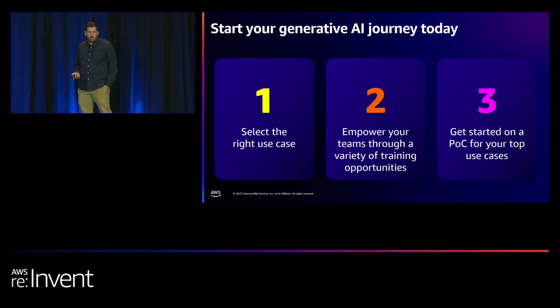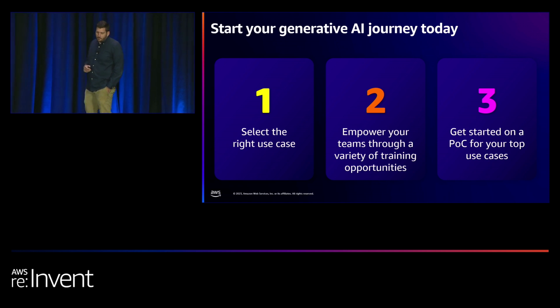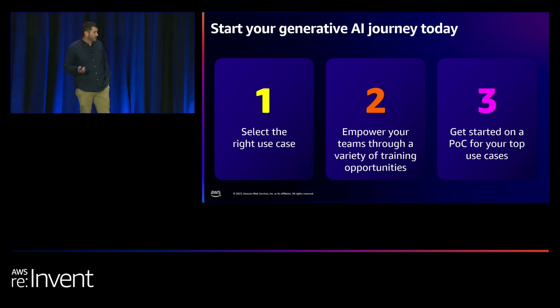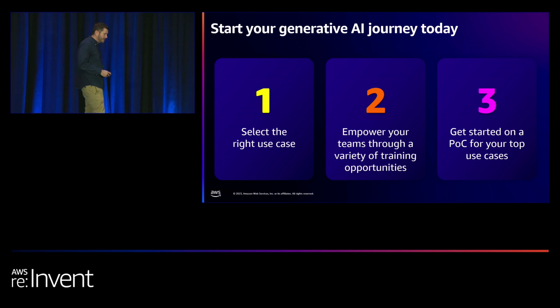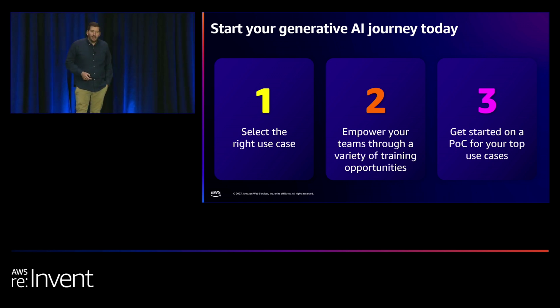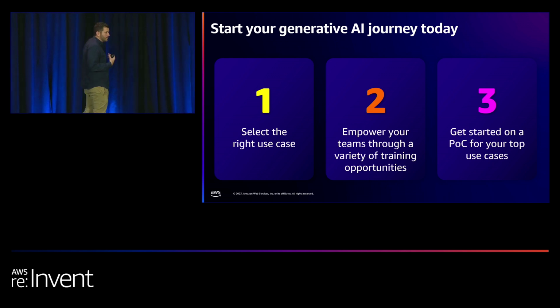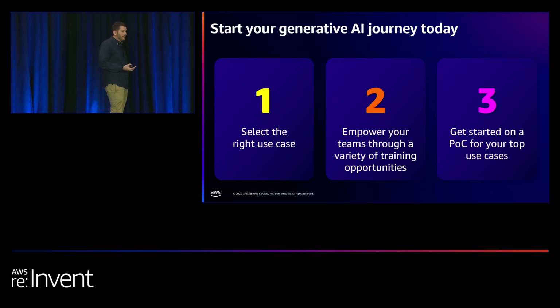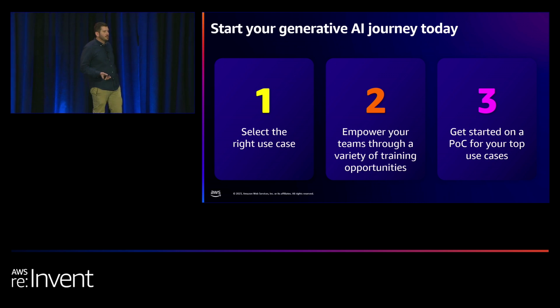Getting your teams up to speed is the second thing, so training, either that Coursera course or other YouTube trainings that are available. And then most importantly, getting your hands on the keyboard and working. So I work with customers all the time, federal government customers, about proof of concepts.